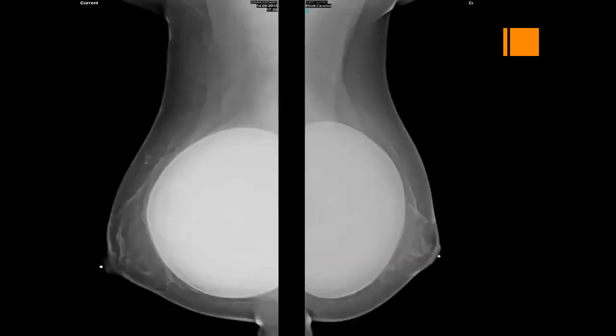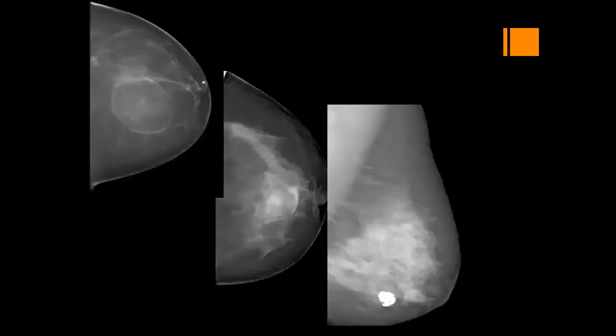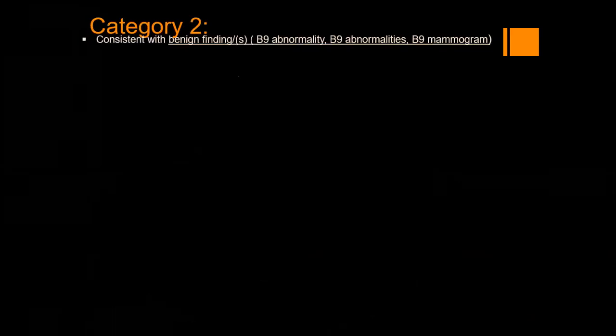Okay. What is the BIRAD? BIRAD 2. Excellent. And what is this? BIRAD 2 also. Yes. So BIRAD 2, like BIRAD 1, is complete and consistent with benign findings, benign abnormalities, benign mammogram.